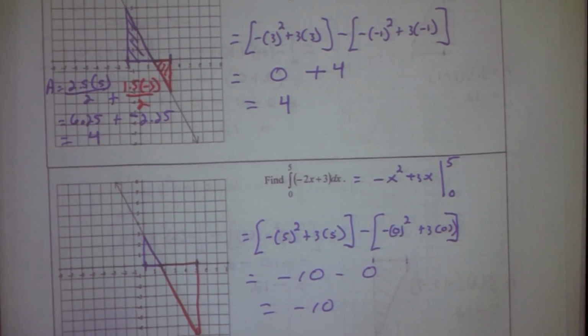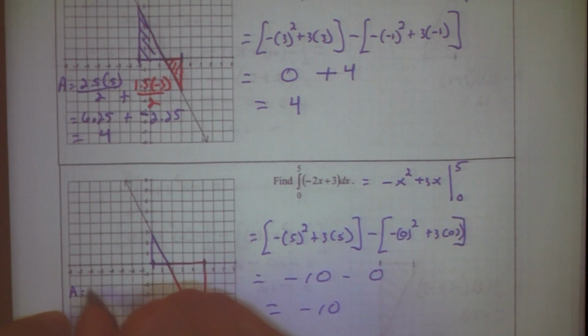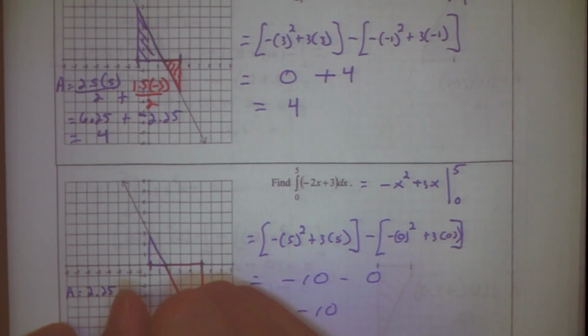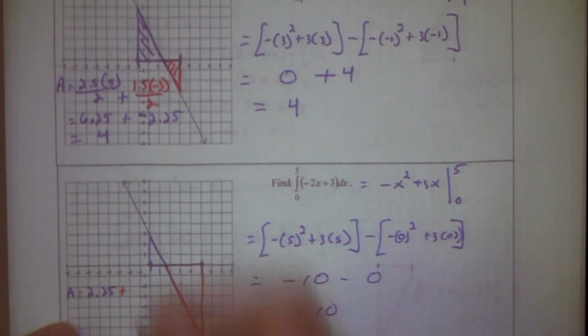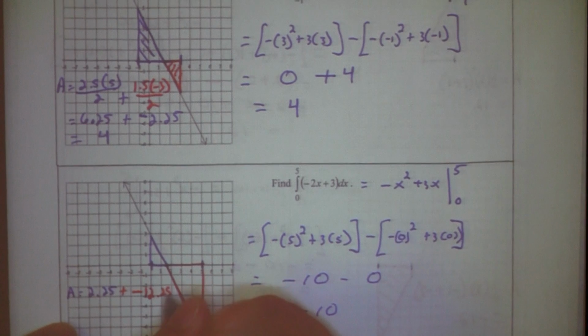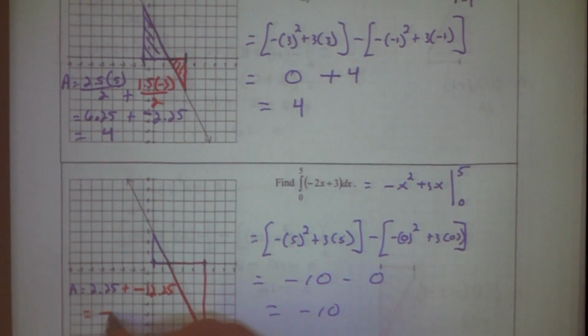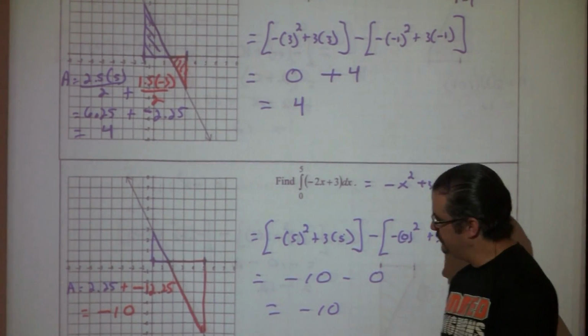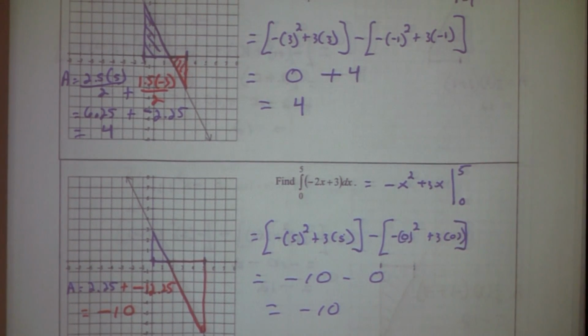The area of that little triangle is going to be 2.25. The area of the big rectangle is going to be negative 12.25. So when we combine them, we get negative what? Got it? Easy?